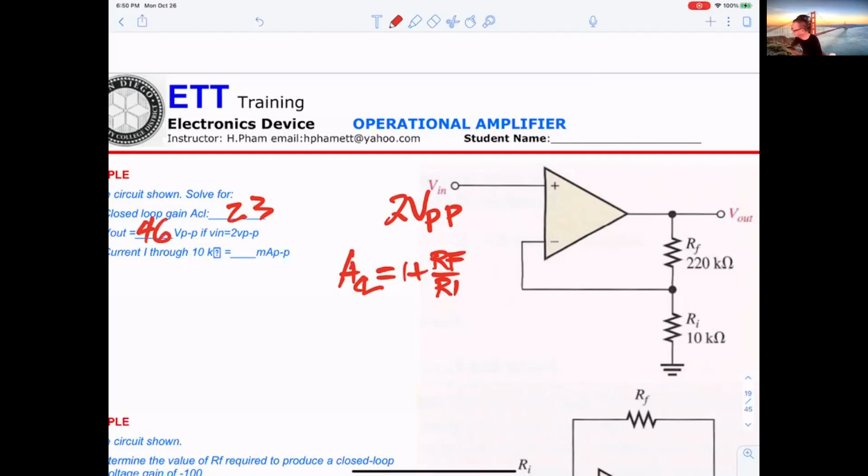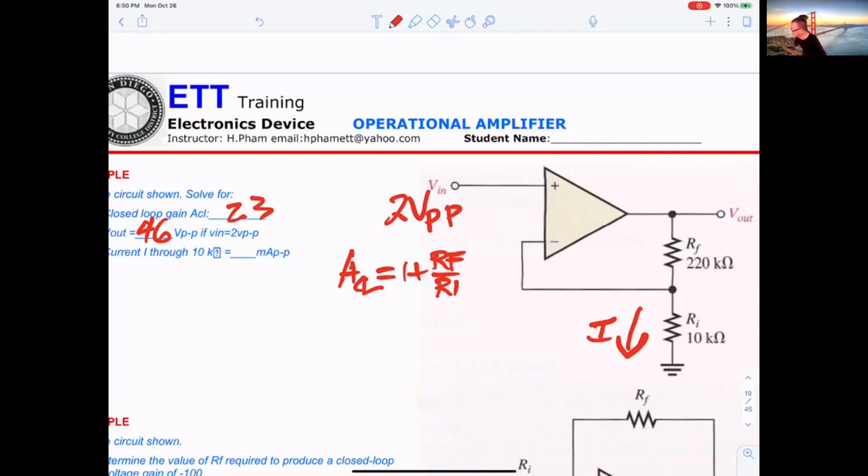Now they want the current flow here, I out. What is that current? Two or three milliamp? What you get? 20 milliamp.